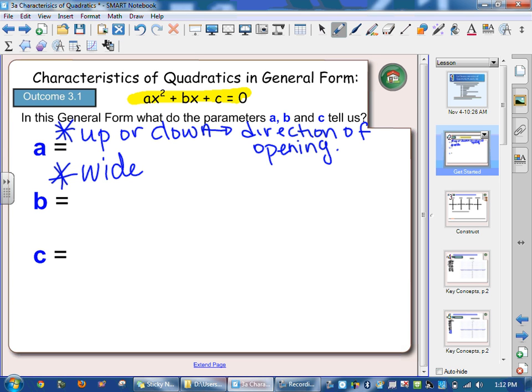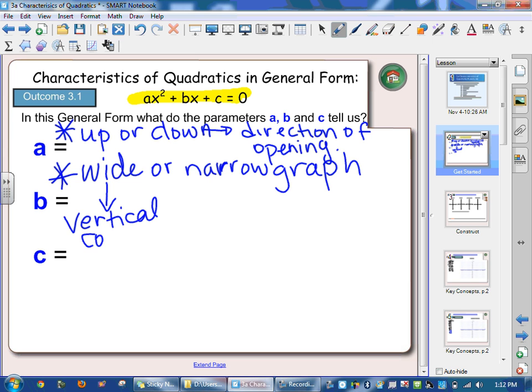If it's a wide or narrow graph: if it's a wide graph, that's called a vertical compression. And if it's a narrow graph, it's going to be a vertical stretch.